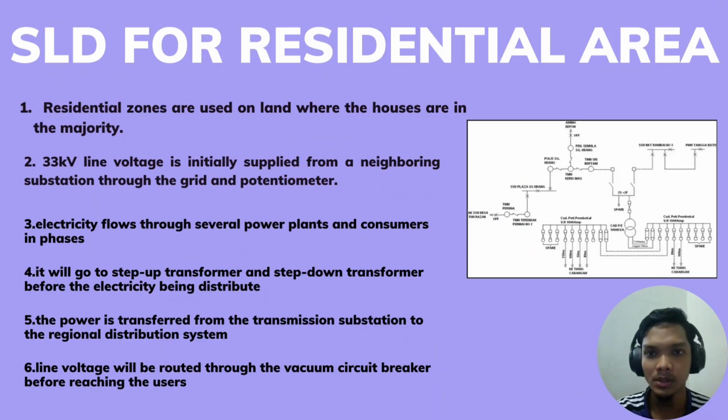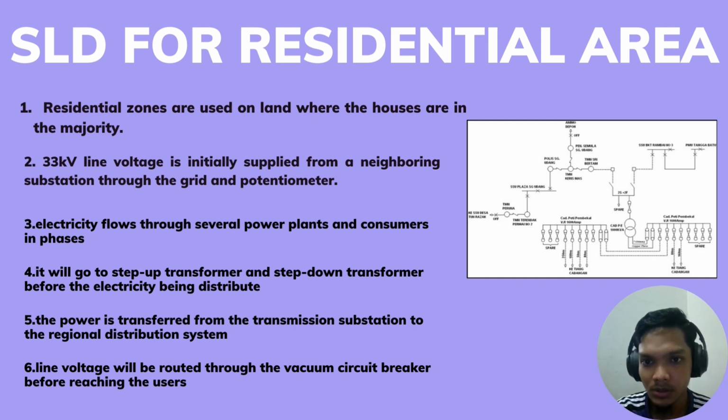I will present about SLD for residential areas. For example, we use SLD for residential areas in Sungai Udang, Melaka. Firstly, residential zones are used on land where houses are in the majority. Secondly, 33 kV line voltage is initially supplied from a neighboring substation through the grid and potentiometer.